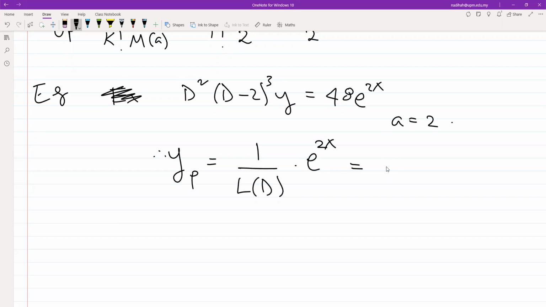So this is just equals to 1 over that, 48 tertinggal 48. So the answer will be, saya tinggal jawapan di saja, x plus 2 e^(2x).